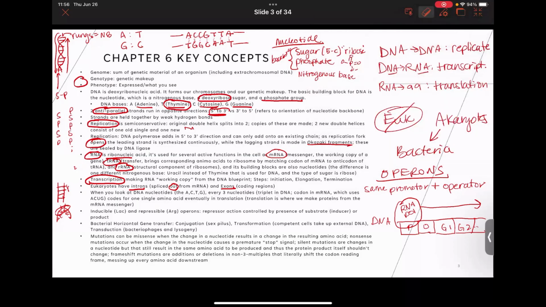But what happens with this is that we are actually able to bind a little guy onto our operator region, which I'll put an R here, because the R, we call it a repressor.